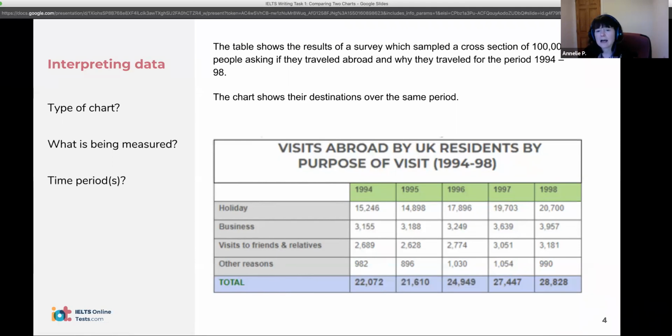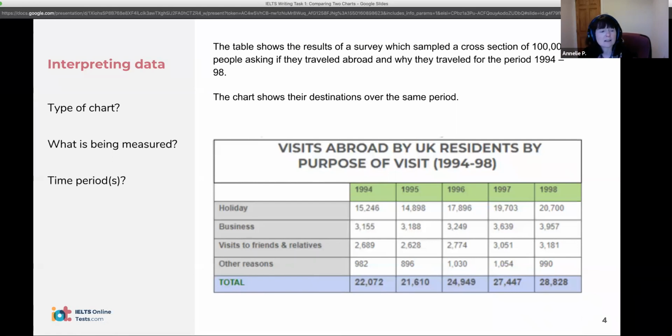Okay. Always very important to look at the timeline before you start writing. So what is our timeline here? Okay, from 94 to 98, everybody. So it is a table, but we do also have some graph movement there as well. Yes, Kiet, it's over a 5-year period.